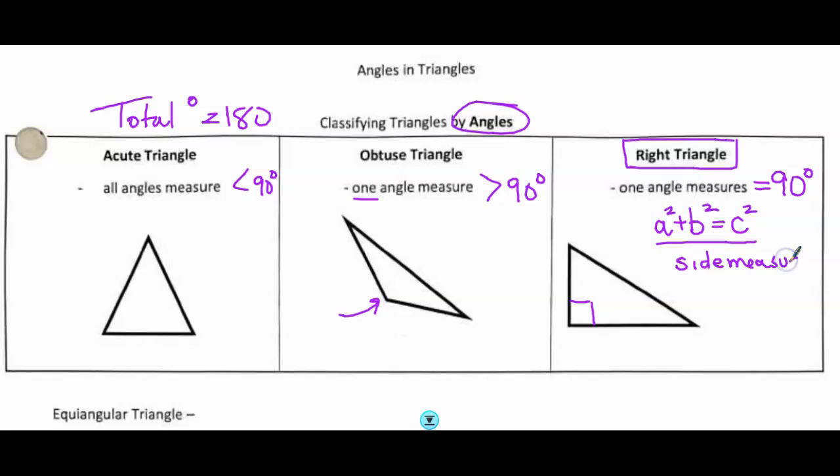Do any of you remember what that's called? This is called Pythagorean's theorem. Remember, c would be the hypotenuse and a and b are the legs, and you're using that to find side measures.